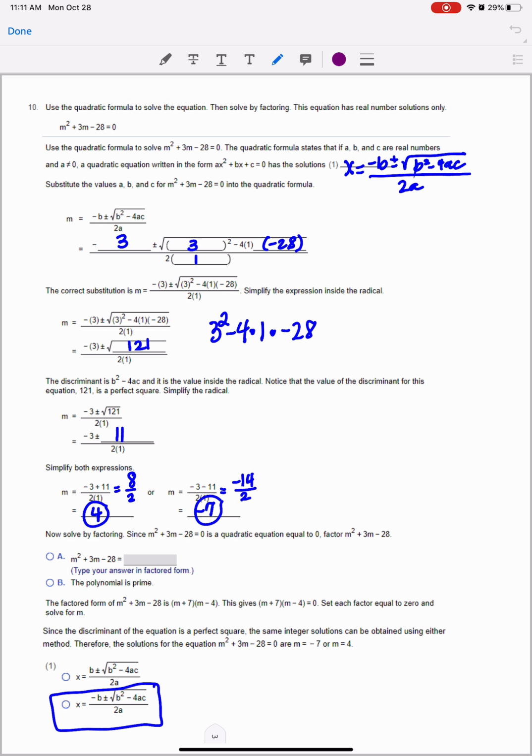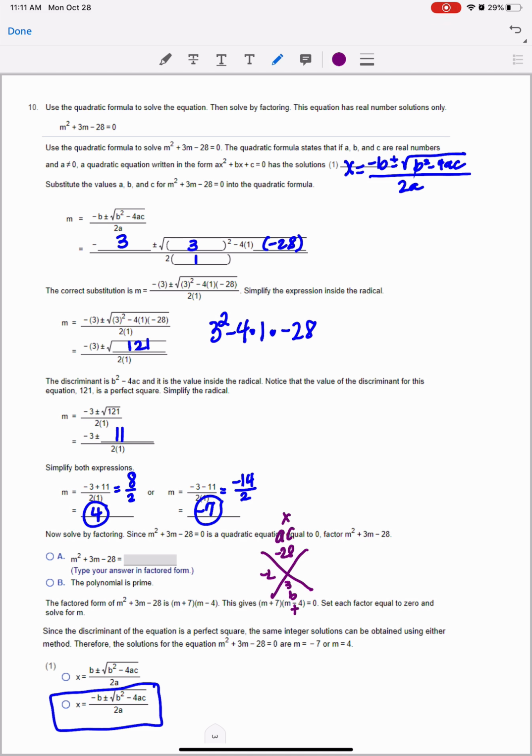So we're going to come over here. We're going to do our a times c. My a times c is 1 times negative 28. Let me make a fatter x. My b term is the middle one, so 3. So it adds up to 3 and multiplies to negative 28.